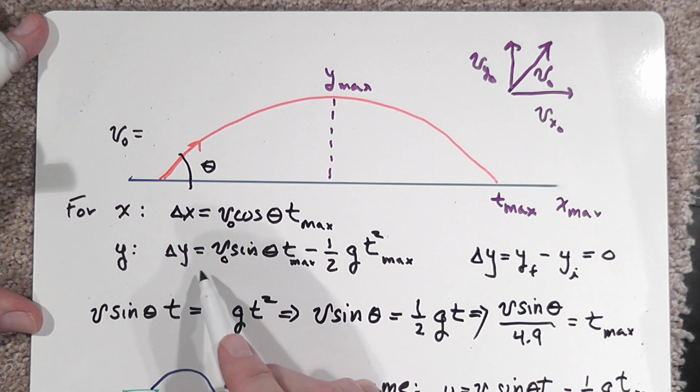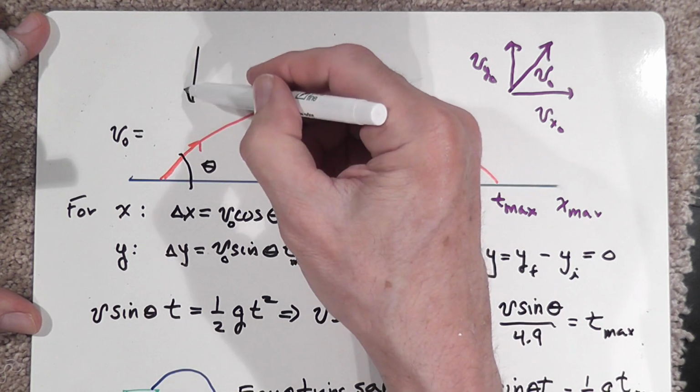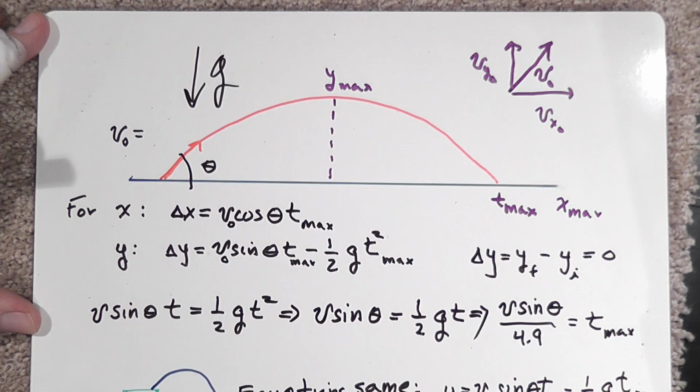The same thing with y, except you have a gravitational field affecting the vertical, so you use a different equation with g in it, and the 2 t's there are t max. Then you can solve for delta y.